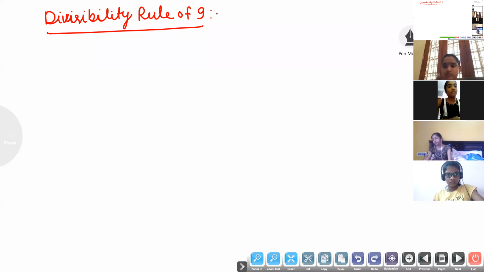If I want to say which number is divisible by 9 or not, I add all digits, and that sum should come in the 9 table, then we can say the given number is divisible by 9. Previously we learned that if the sum of all digits is divisible by 3, the number is divisible by 3. But in the case of 9, the sum of all digits will be divisible by 9, not 3. Concepts are the same.